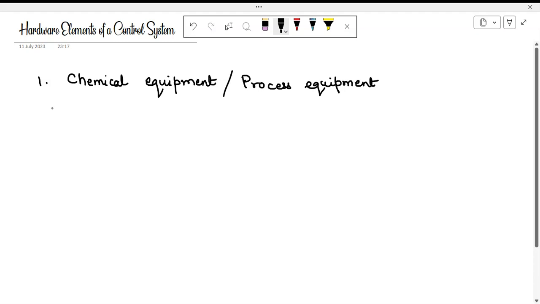About this particular equipment, obviously you read in different other subjects, like in mass transfer you learn about absorption columns and distillation columns and extraction units. In reaction engineering you learn about reactors of different types, like batch reactors. You can learn about plug flow reactors and so on.